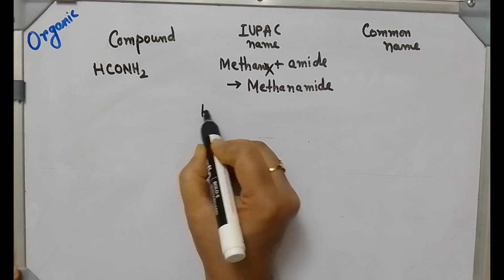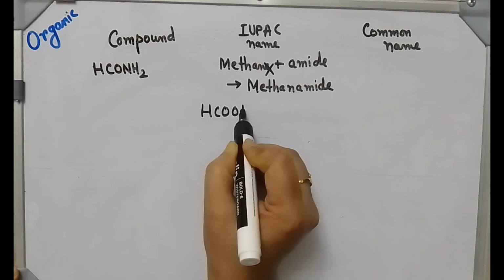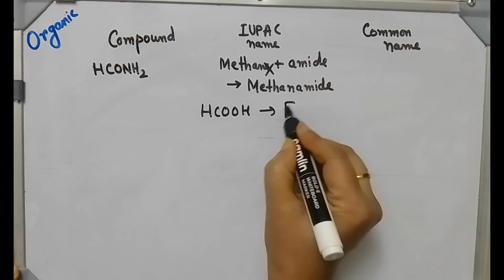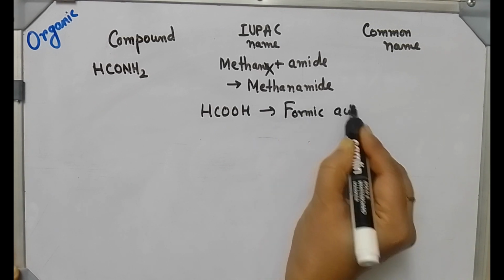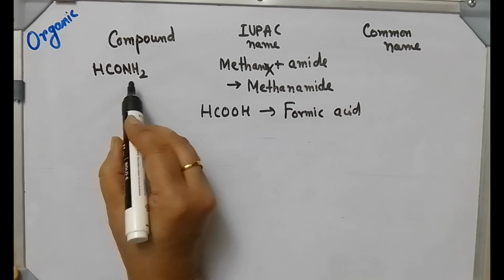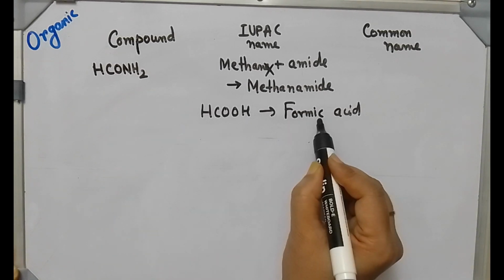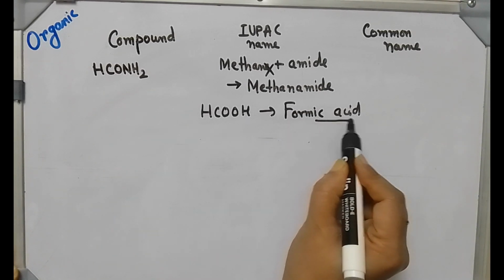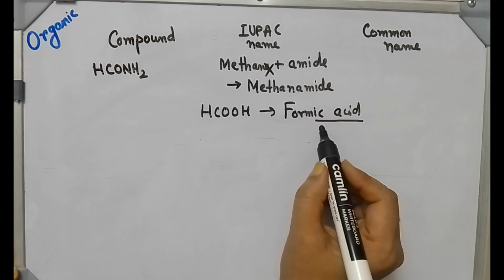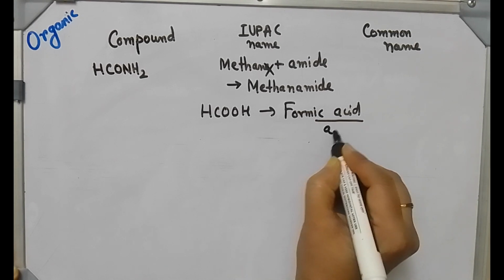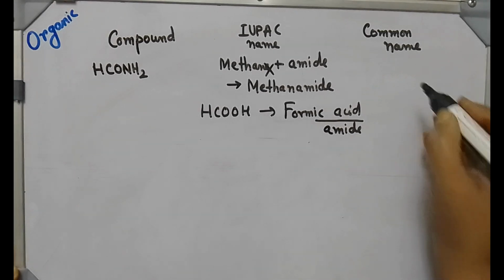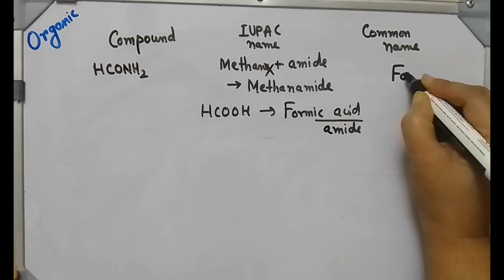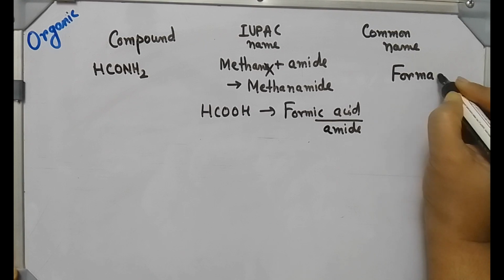Once again, methanamide. Now, if it is HCOOH, it is formic acid. Now, if it is HCONH2, what you have to do? You have to drop this ic acid. In place of that, you have to add amide. So its name will be formamide.